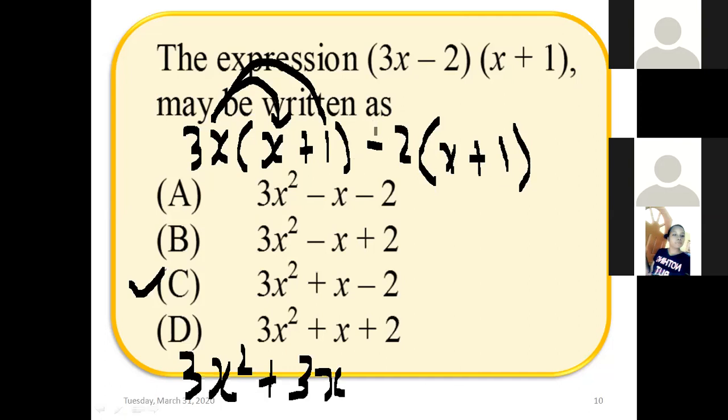Negative 2 times x will give you negative 2x. Negative 2 times 1 gives you negative 2. Now, the only like terms are the 3x and the negative 2x, so 3x minus 2x gives you 1x. As you can see, it would have to be C, because this is 3x squared, that's your x, and this is negative 2. All right, moving on.